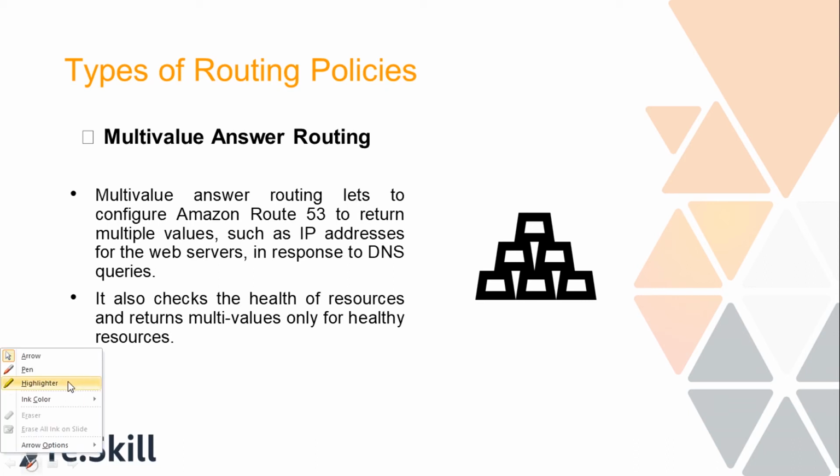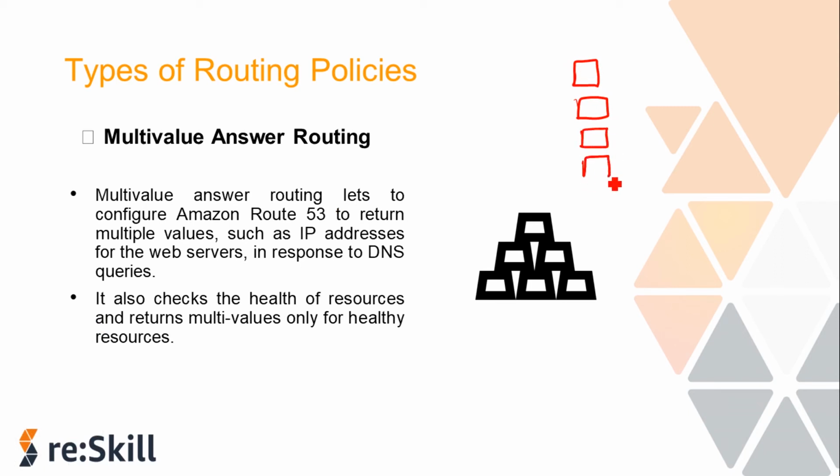So I can have up to 8 healthy records. There can be 3, 4, 5, 6, 7, up to 8, and all of them should be healthy, because it also checks the health of the resources and returns the multiple values only for the healthy resources. Let's say I have 4 EC2 instances.